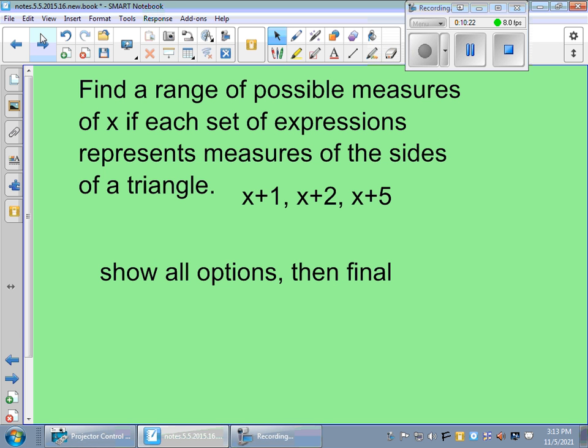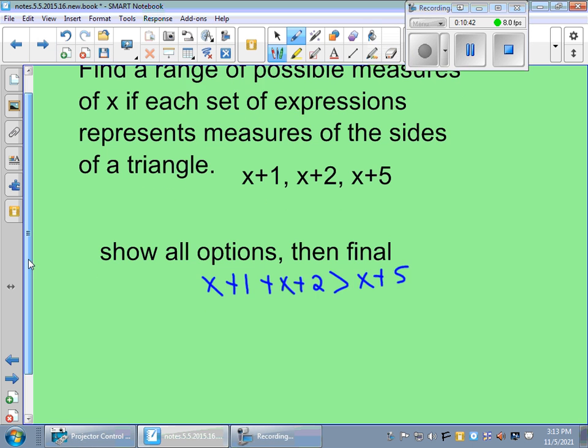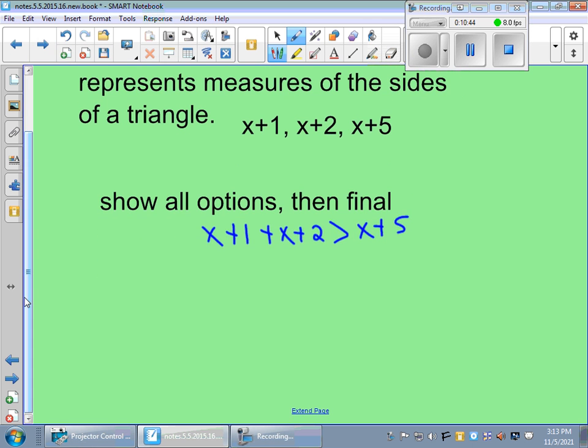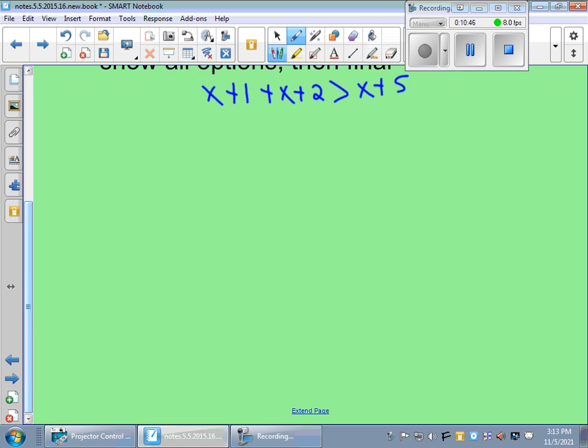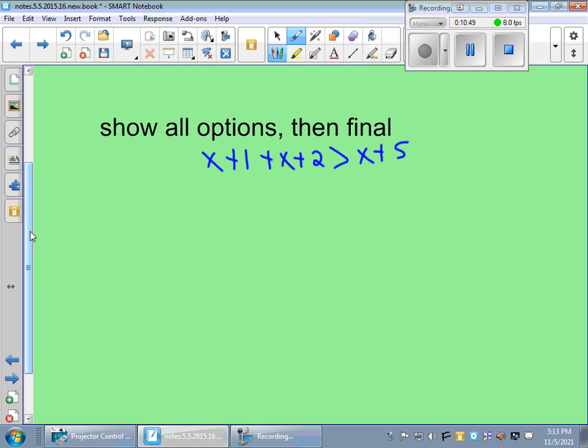Find a range of possible measures of X if each set of expressions represents measures of the sides of a triangle. Find all options, then the final. So again, same concept here. X plus 1 plus X plus 2 has to be greater than X plus 5. Let me just write out all three first, and then we can solve those.